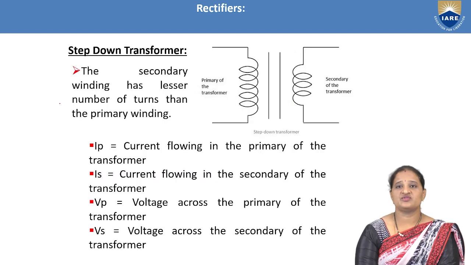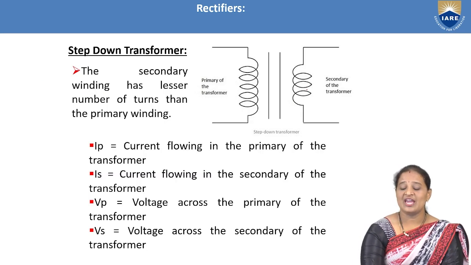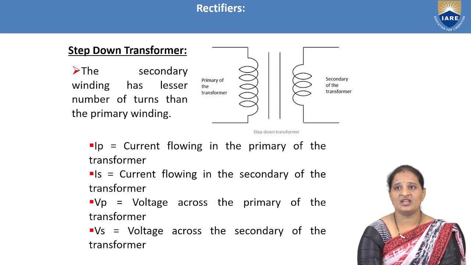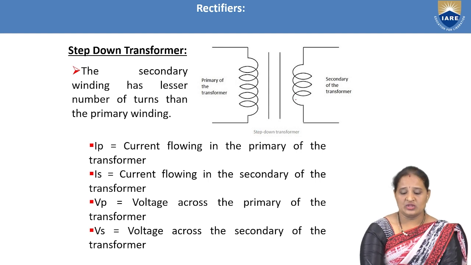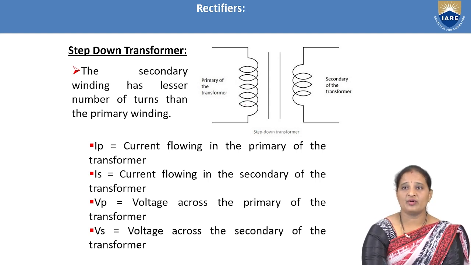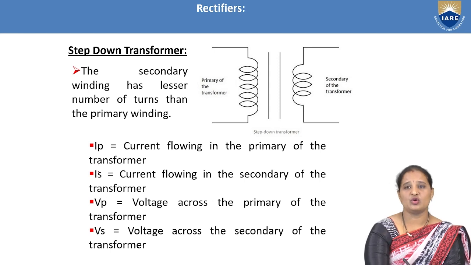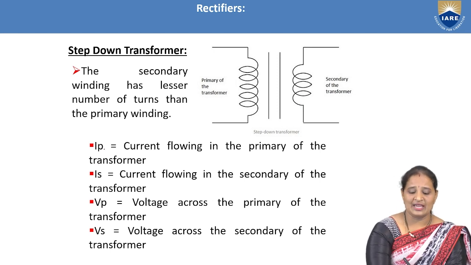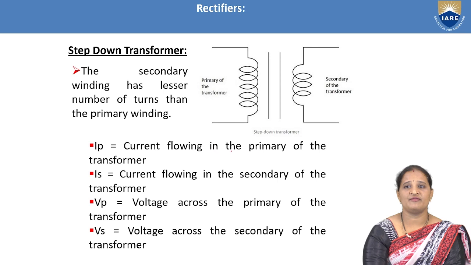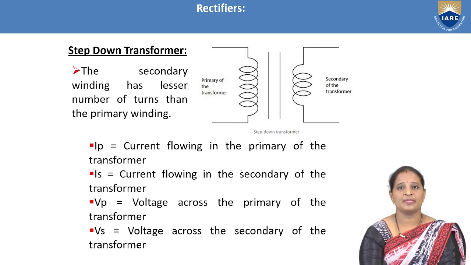A step down transformer is a transformer in which the secondary winding has fewer turns when compared to the primary winding. So this is a primary winding where the number of turns is more when compared to the number of turns in the secondary winding. Let us have some notations here. IP is the current flowing in the primary of the transformer, and IS is the current flowing in the secondary winding.